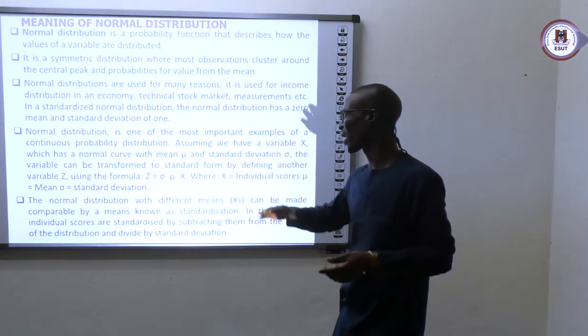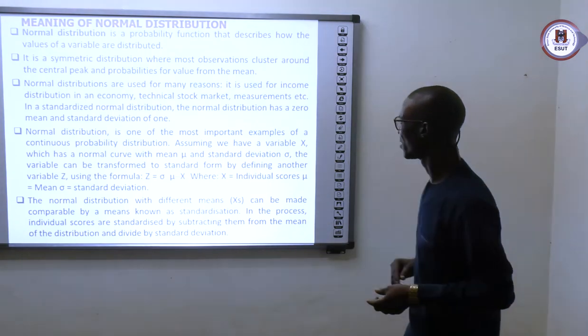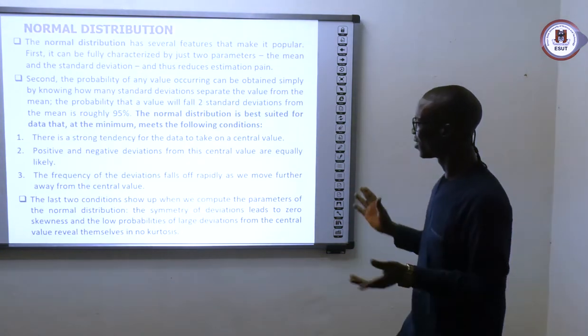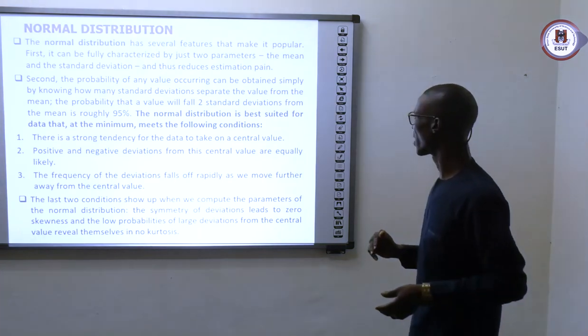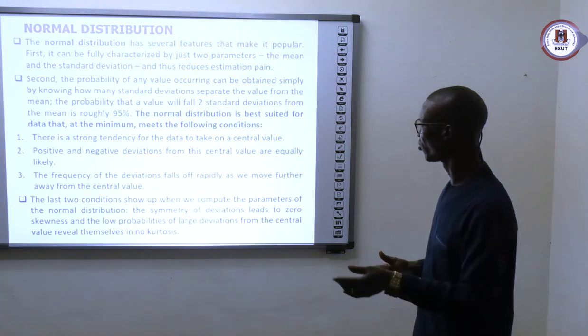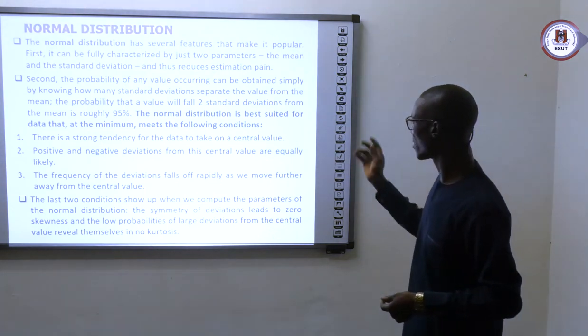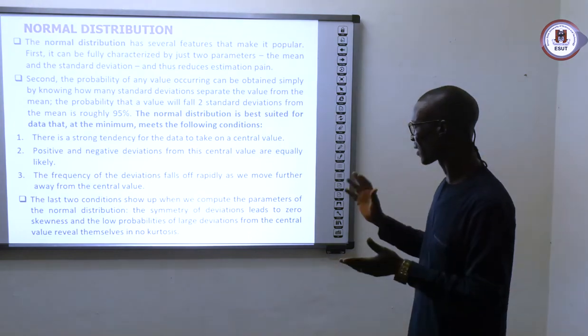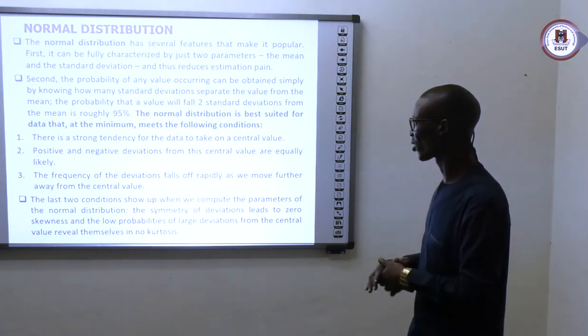Every distribution that observes this is normally distributed. There are some reasons for wanting normally distributed data, in order to have an informed and good decision.